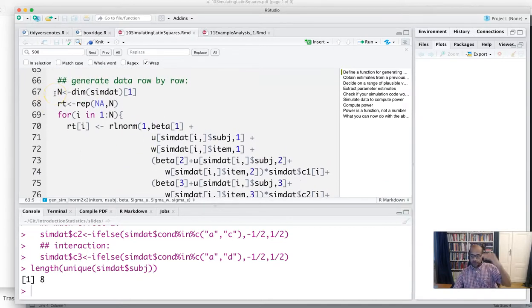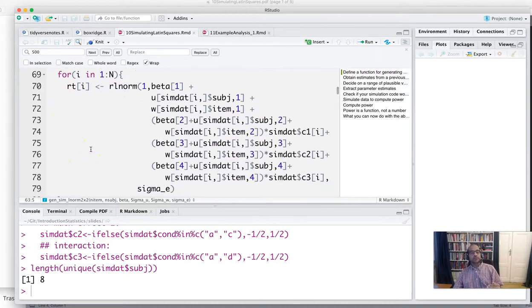Capital N is the number of rows in my SIMDAT data frame, right? And RT is the vector that will contain the simulated data. So I go from row 1 to row capital N, and each time I compute this long function here, right? So this is the log normal that I'm going to generate a random data point from.